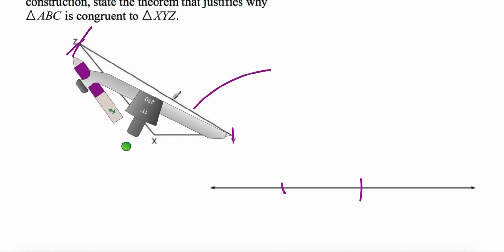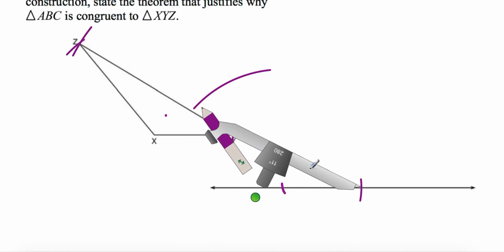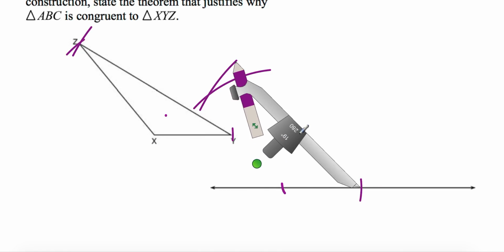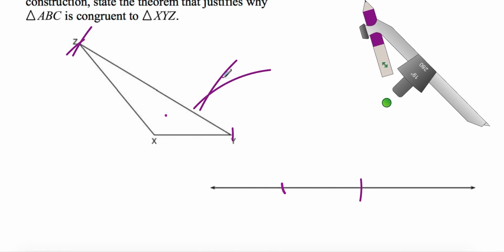Good. And then, so we realize that that's the common point. Then what we can do is with the ruler, all we have to do is just simply connect them. All right, so there it goes.